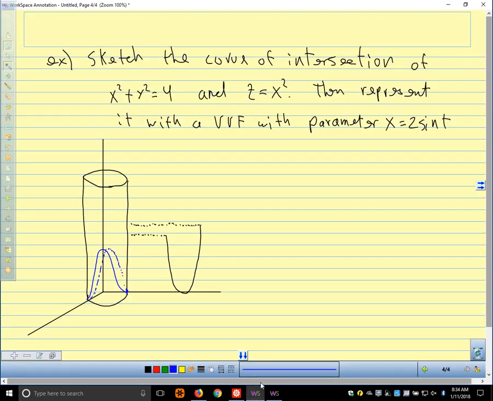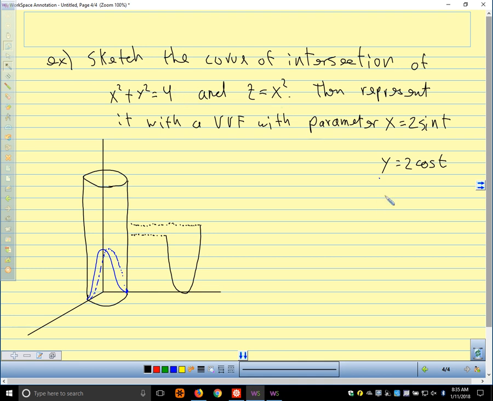All right, questions? Now we need to represent this as a vector valued function with the parameter. Well, this part should be pretty easy. If x is 2 sine t, based on this, what does y need to be? y needs to be 2 cosine t. That'll get x squared plus y squared equals 4.